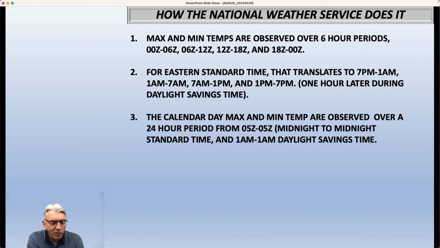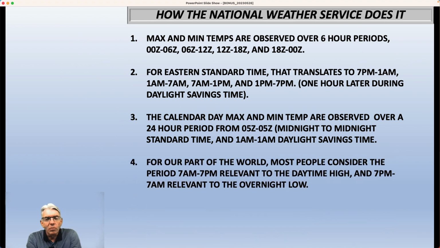So since there's a 5-hour difference during standard time, that would be 5Z to 5Z, or it would be still 5Z to 5Z in daylight saving time, but because we turn the clocks ahead 1 hour, it would be from 1 a.m. to 1 a.m. And this is why I think I mentioned a few times on the air that during the daylight saving time period, I cannot officially say what the high or low is or whether or not we broke a record until 1 a.m., because we're still going by that midnight to midnight standard time standard.